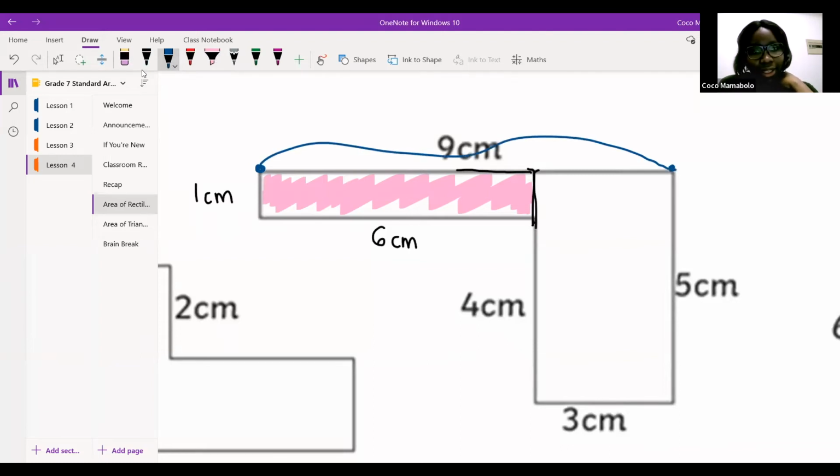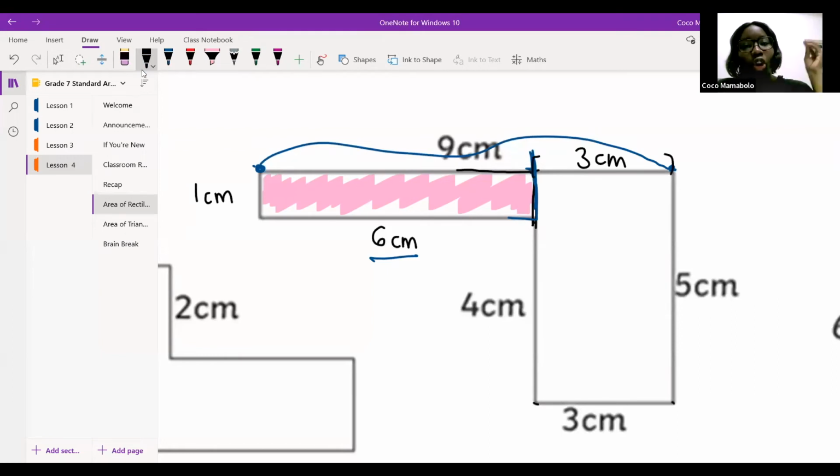It's up until this point over here. And we've calculated that from there to this point here is 6 centimeters. And from here to here is 3 centimeters, which means this section over here will be 3 centimeters.